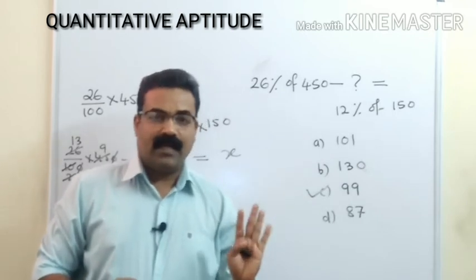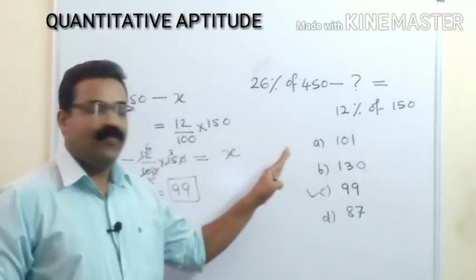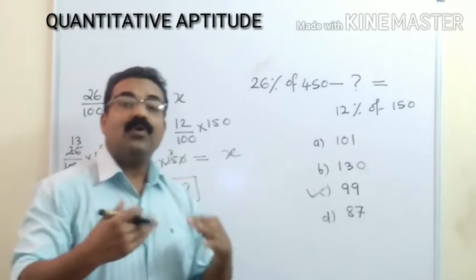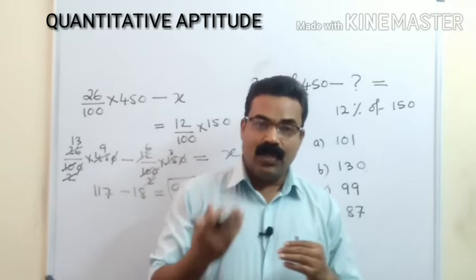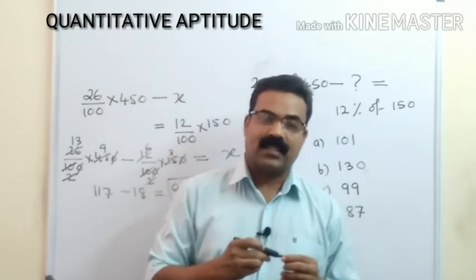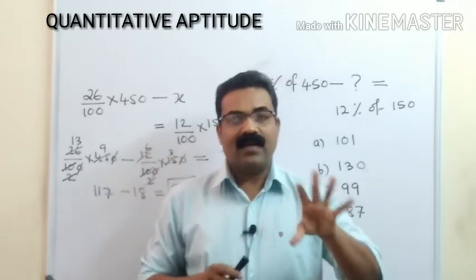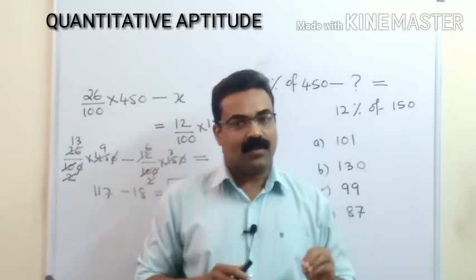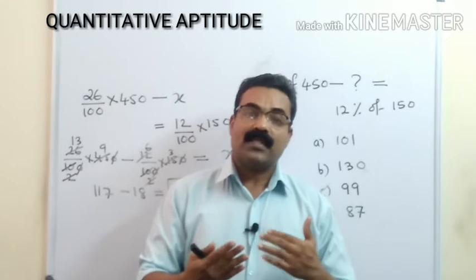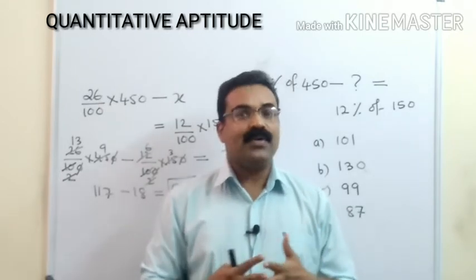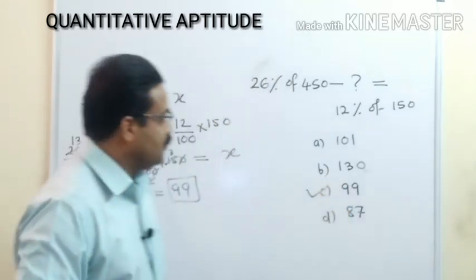So this way you can simplify it and find out the answer. The more you practice, the more your speed will increase. These are our concept building exercises. You will have a clear concept how to approach these questions. Once you clear your concept, take more and more questions and solve them so that you can increase your speed. Please note it.